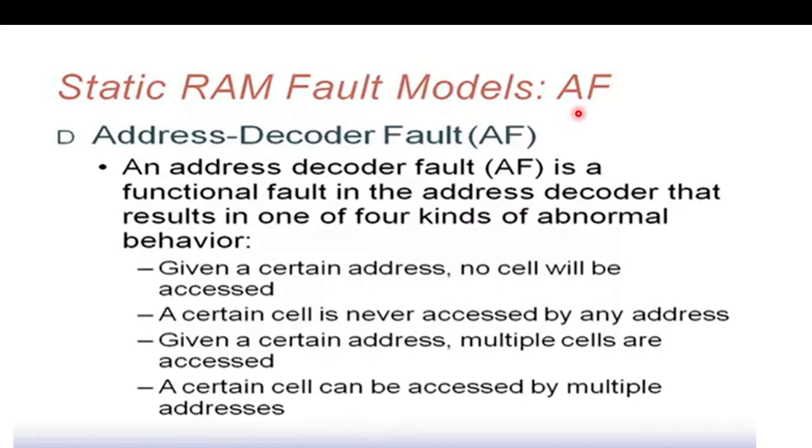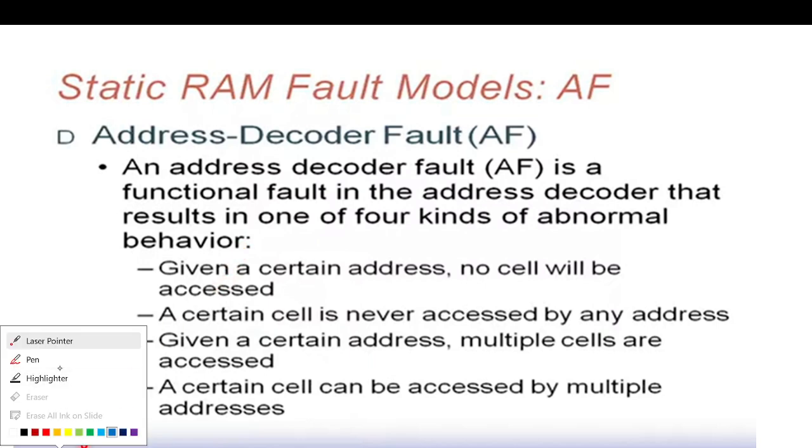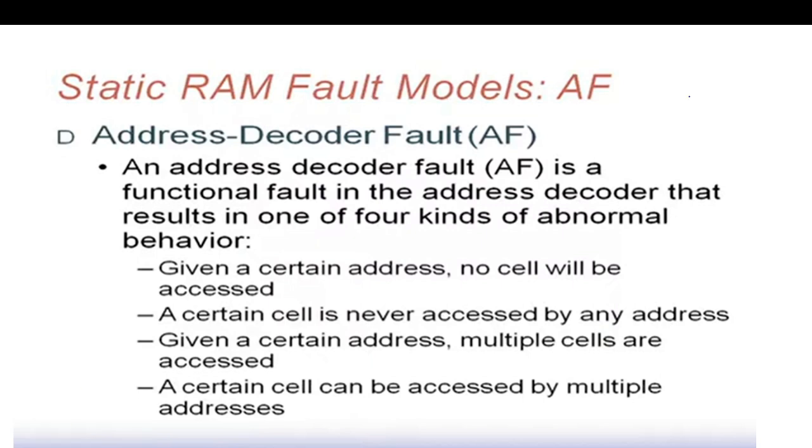Static RAM fault models: address decoder fault. Address decoder fault, AF, is a functional fault in the address decoder that results in one of 4 kinds of abnormal behavior. Say we have an array.